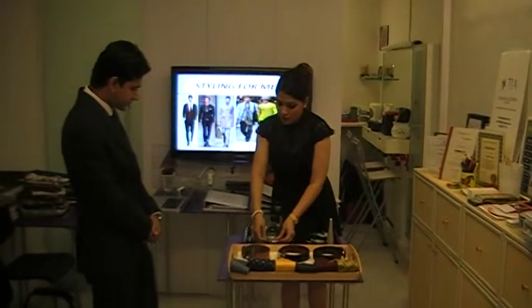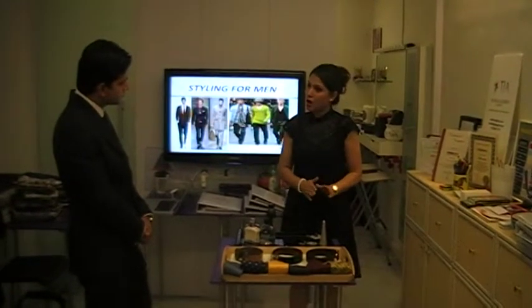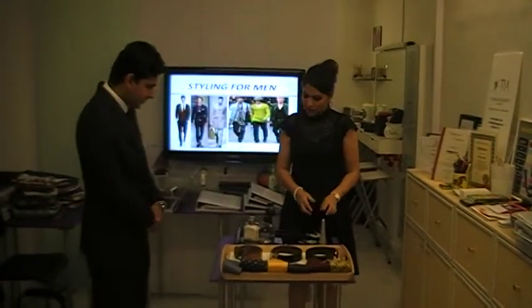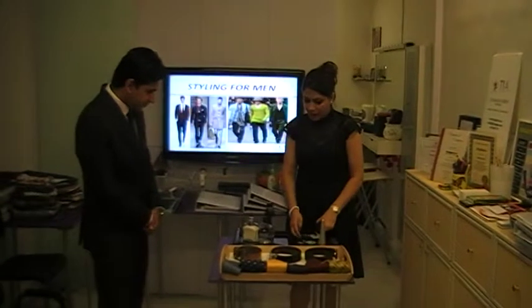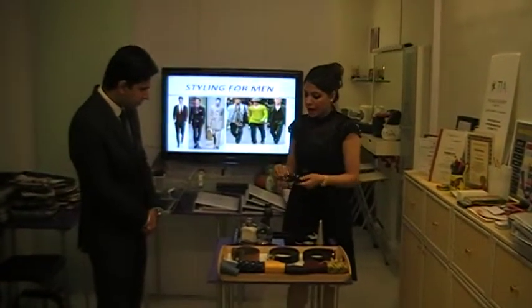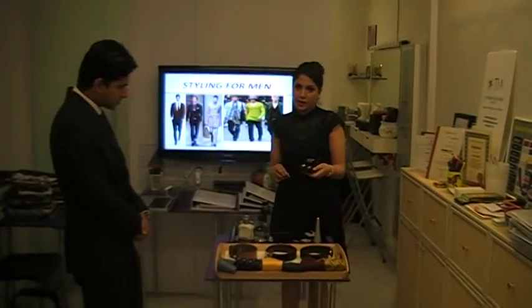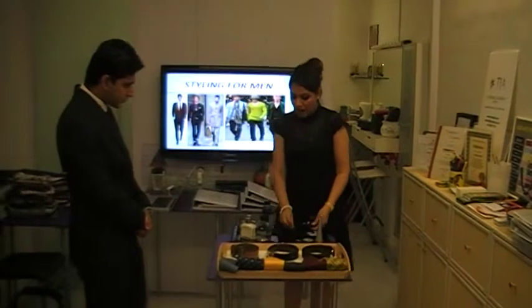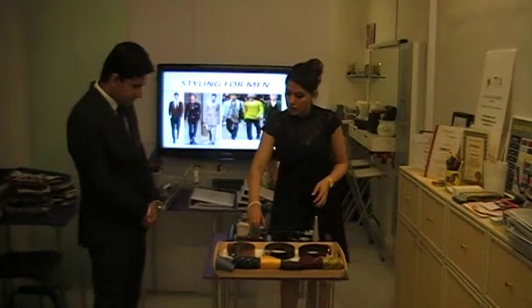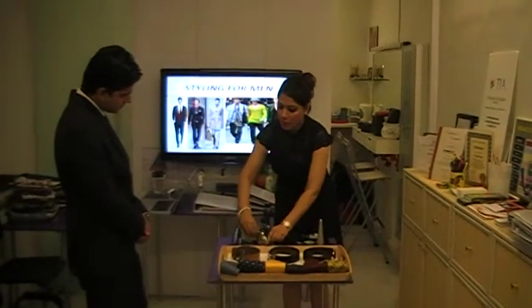Now the watches actually have to match with your cufflinks. Yes, so we do have cufflinks here. Some of the cufflinks that you see here are square, some are round, or have a hexagon shape. Let's take the other watch, which is a little bit more formal.